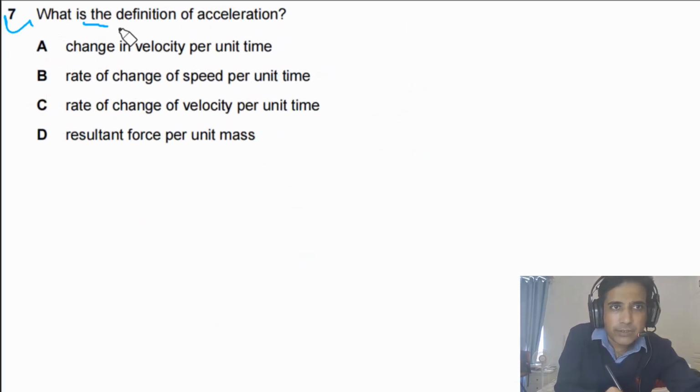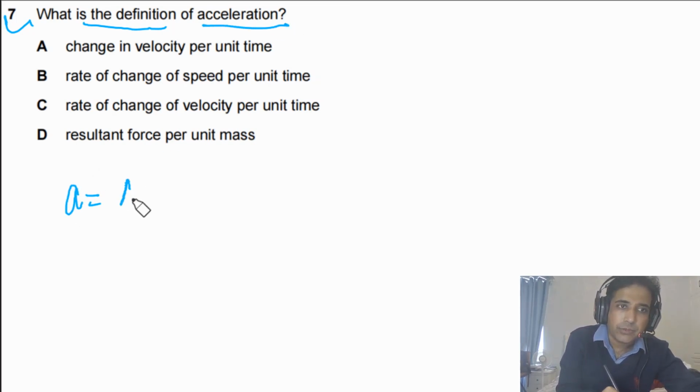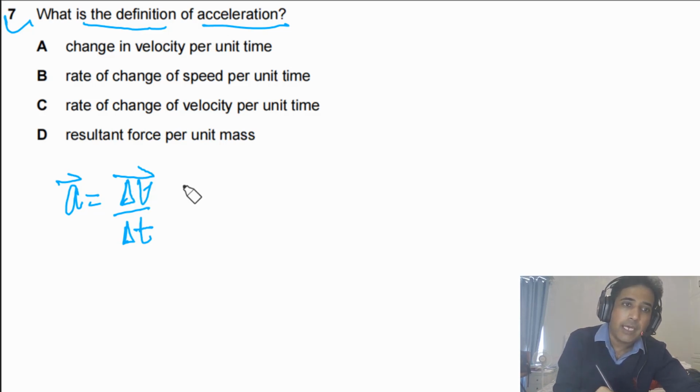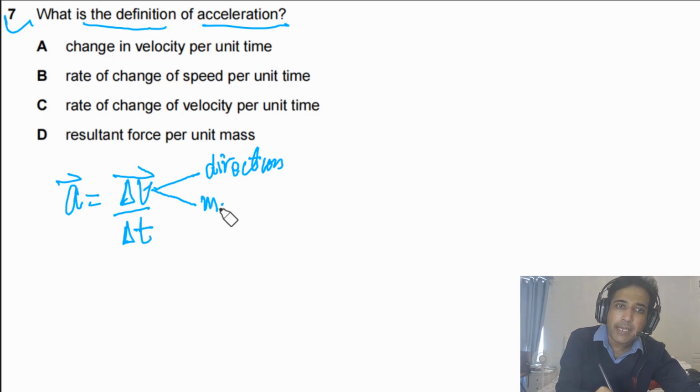Question 7 says, what is the definition of acceleration? Simply, we can say acceleration is equal to delta v over delta t, and this is a vector quantity. So we can define acceleration as the rate of change of velocity, and we need to understand velocity is a vector quantity, so it has direction and it also has magnitude.